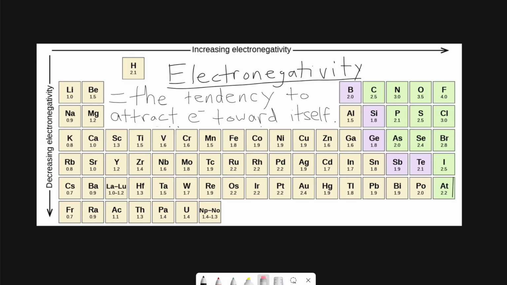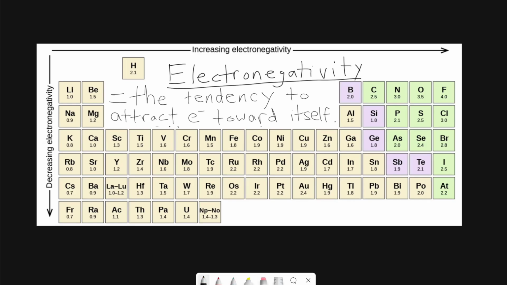As we move up each group, you'll notice that the electronegativity values are increasing. The reason for this is because the valence electrons are simply closer to the nucleus and have less electrons in between them. Therefore, the pull on those valence electrons within that shell will be the strongest, as we saw with effective nuclear charge. That increases as you go up a group.